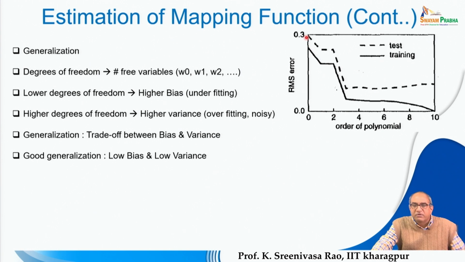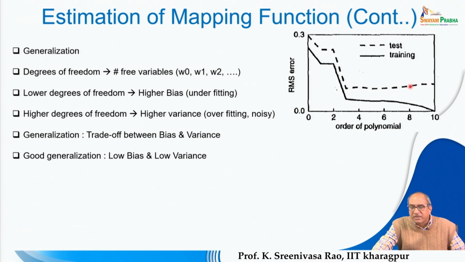When you test the system with unseen data using polynomial functions of different orders, you can see that as the polynomial order increases, up to some extent the test error comes down, and afterwards if you further increase the order of the polynomial, there is no decrease in the error at all.